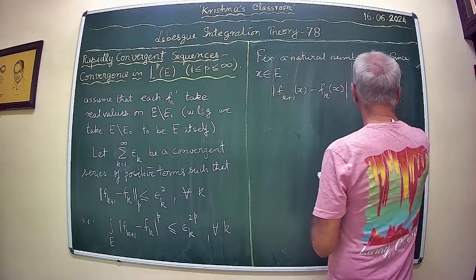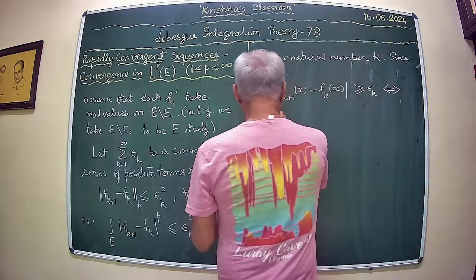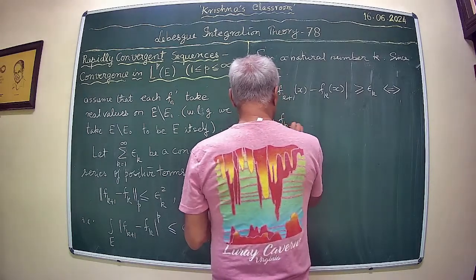And this is if and only if mod fk plus 1 is bounded.